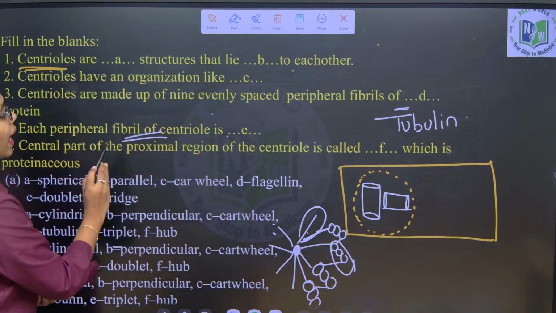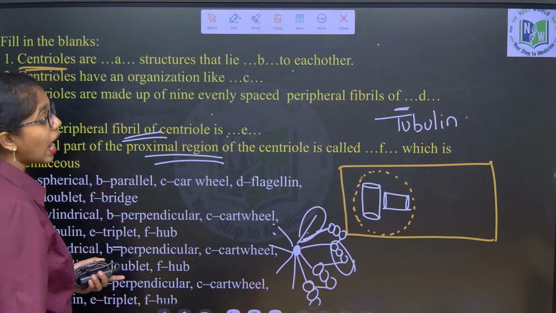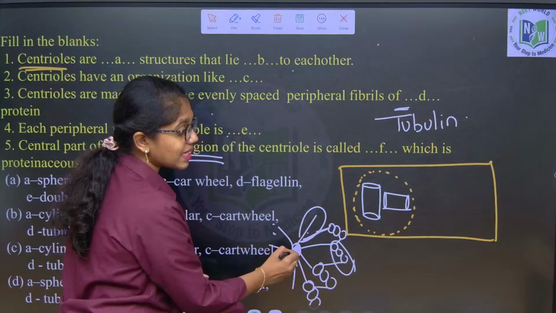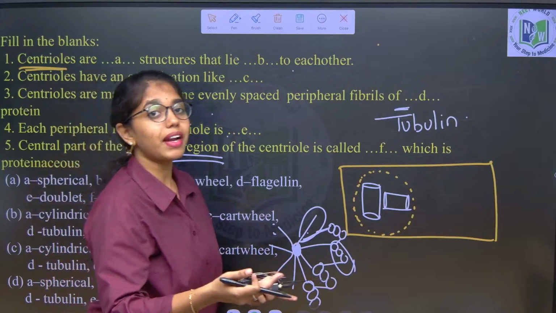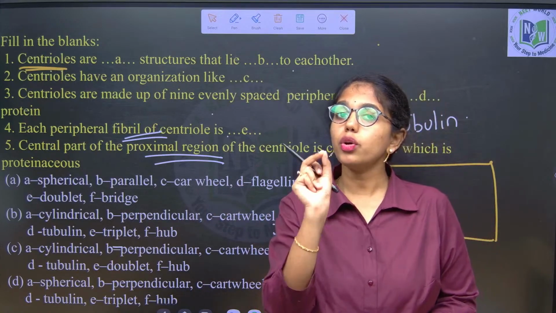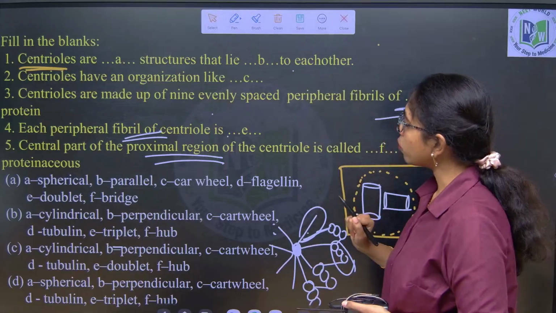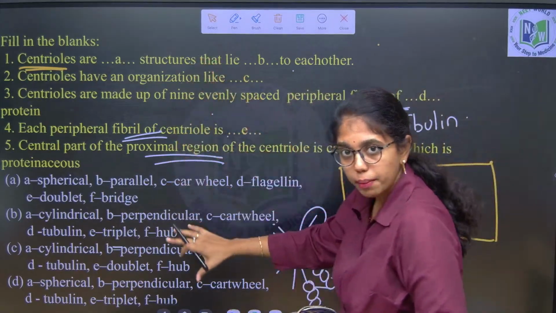And central part of the proximal region of the centriole is called as hub. This is proteinaceous hub. Not like the cilia and flagella, you will have 2 central microtubules here. Here you find one central proteinaceous hub. Okay. So this concept is all about centrioles.